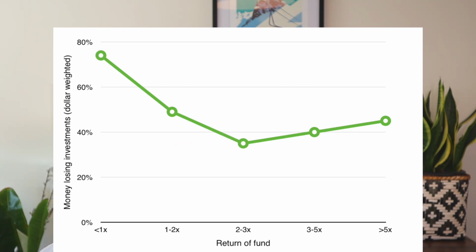But where this gets really interesting is that the highest performing funds actually end up making more money-losing investments than the good funds do. So although a higher percentage of their investments do lose money, these funds hit bigger when they make a successful investment. They find the outlier companies and generate the substantial returns that come with them. This is a great example of the power law in action.